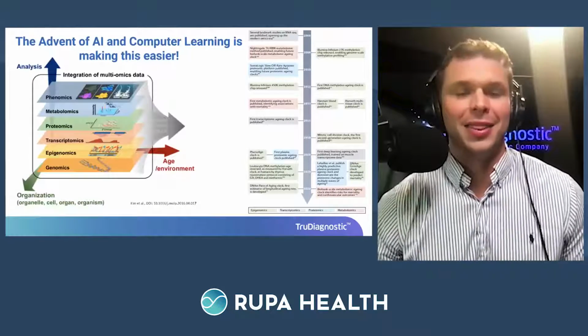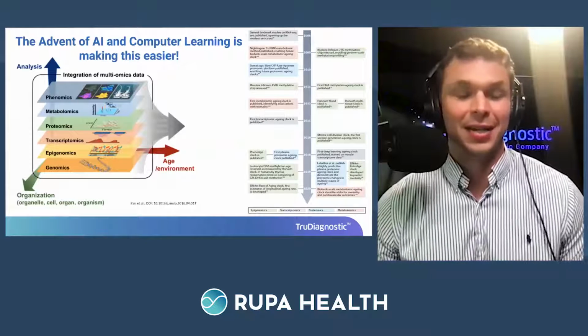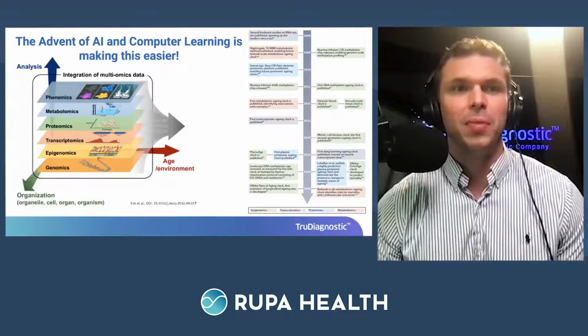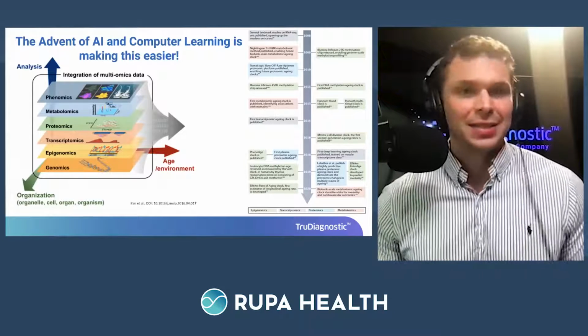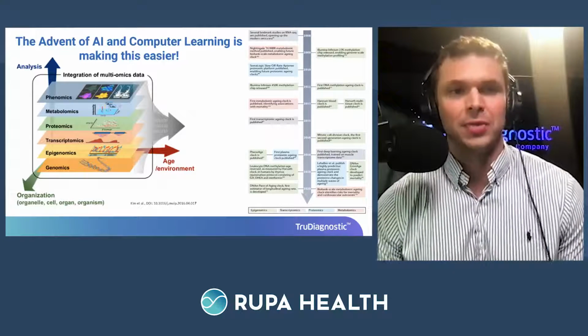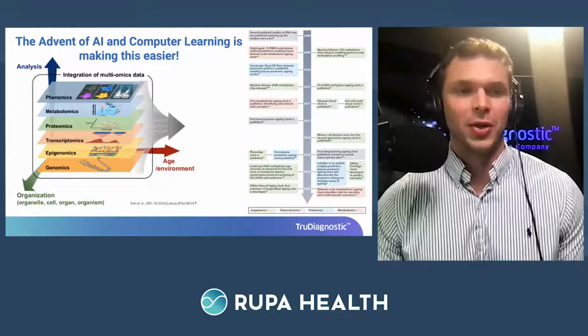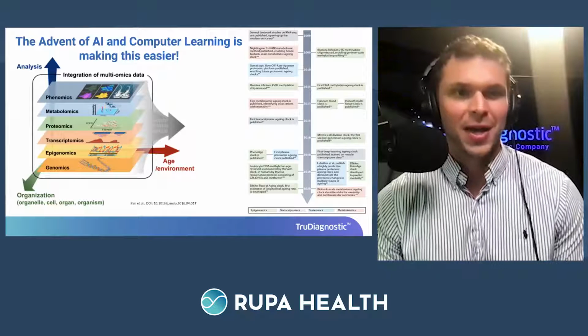The advent of AI and computer learning has made this type of diagnostic much, much easier, as I've already talked about. And really, this multi-omic approach is now, I would say, how most scientists in the field are approaching these biomarkers, by looking at each of these different levels. This really overcomes the problem we talked about earlier, where genetics was only one piece of a much, much larger puzzle.